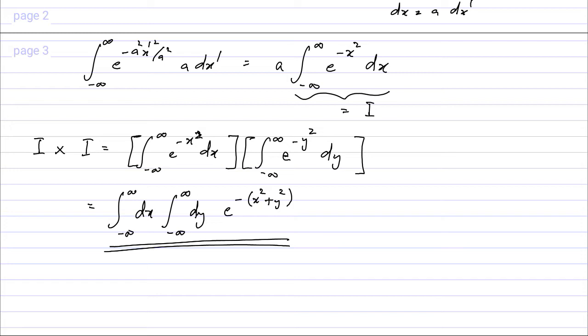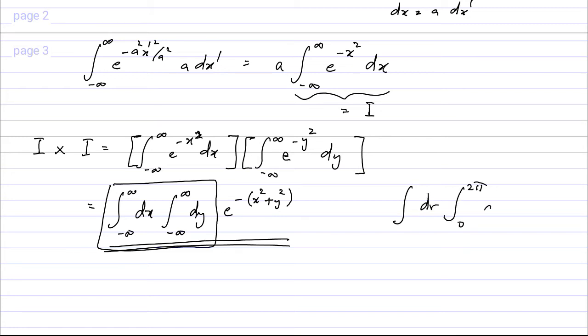This represents integration over the whole two-dimensional xy plane, which in polar coordinates is given by 0 to 2 pi d phi, and then r dr from 0 to infinity. R dr d phi is a little area element in polar coordinates, dx dy is a little area element in rectangular coordinates. Of course, when integrating over the whole plane, those are the limits you need to use in polar coordinates.